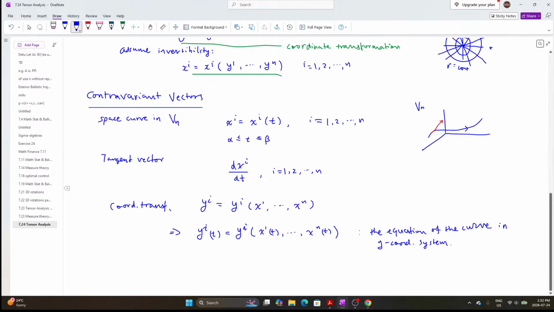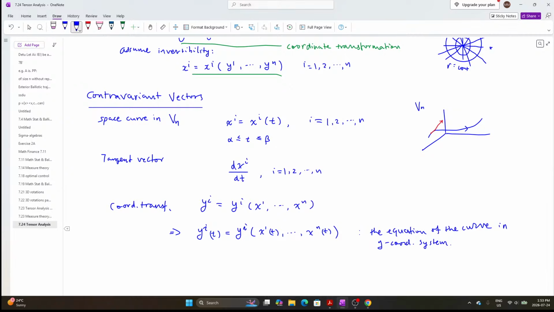All right. So of course, it means the same curve, right? So the tangent vector should be the same, even though the numbers are different. So what's the relationship between these two sets of numbers?